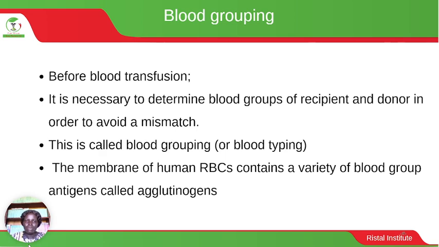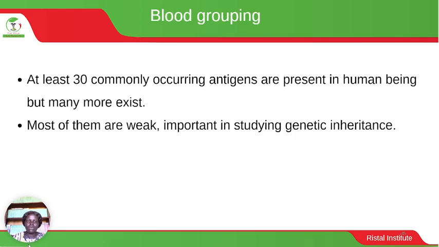The membrane of human red blood cells contains a variety of blood group antigens, and these antigens are what we call agglutinogens. At least 30 commonly occurring antigens are present in the human body, but many more still exist.